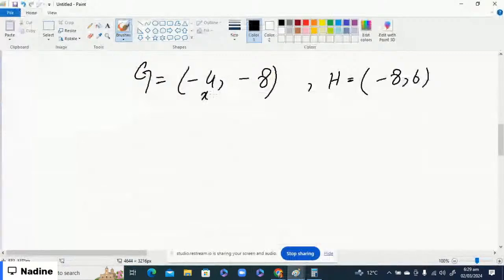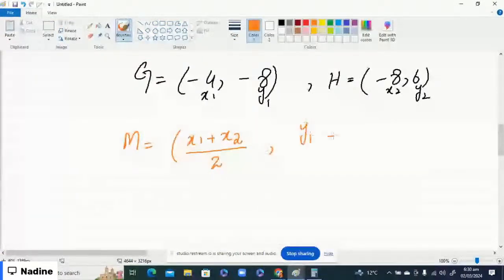This is your x1, y1, and this is your x2, y2. Now, finding the midpoint formula, what is it? It's (x1 + x2) over 2, (y1 + y2) over 2.